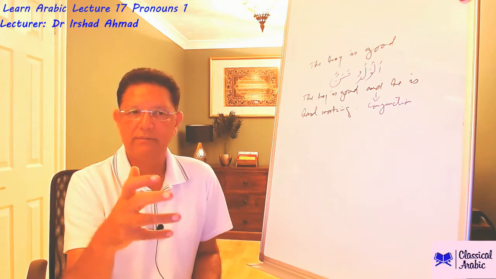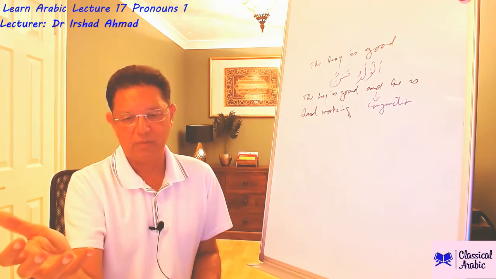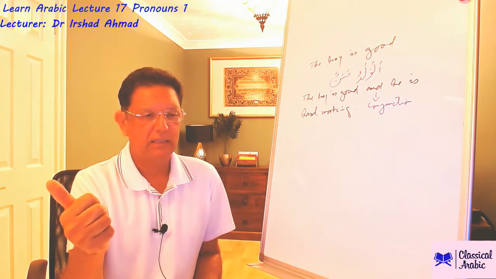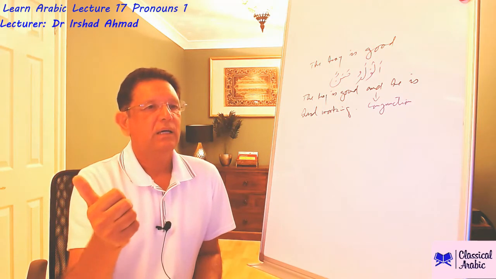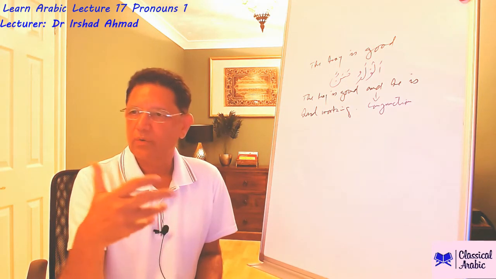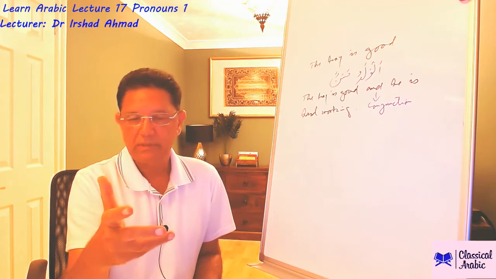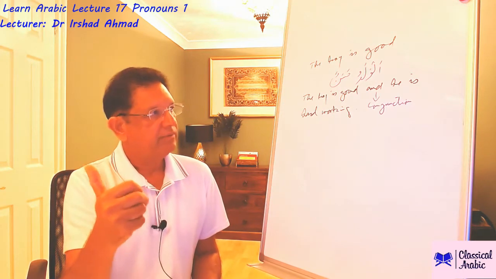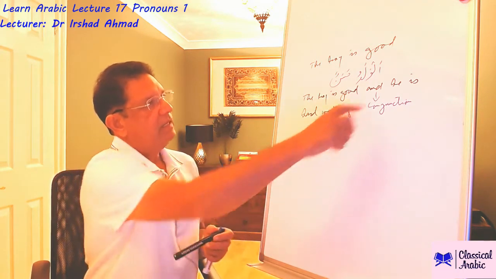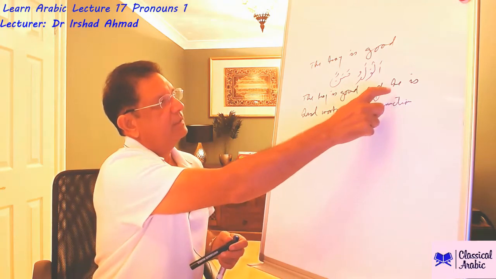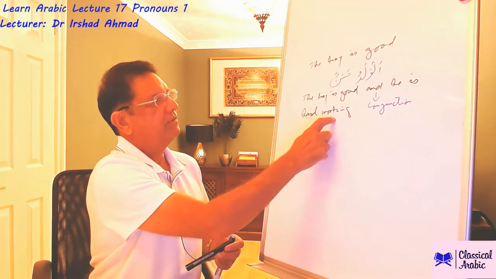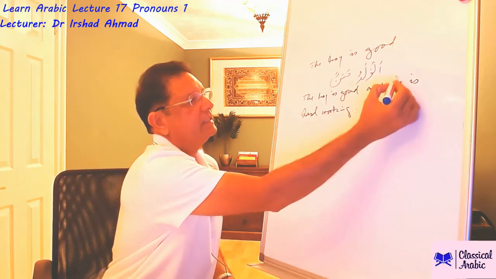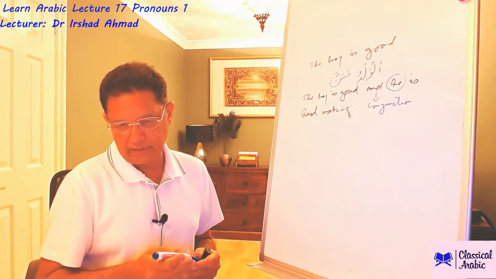This repetition is not considered part of eloquent speech or the usual way we speak in English. So rather than saying the boy is good and the boy is hardworking, we have brought he here. The boy is good and he is hardworking. Okay.